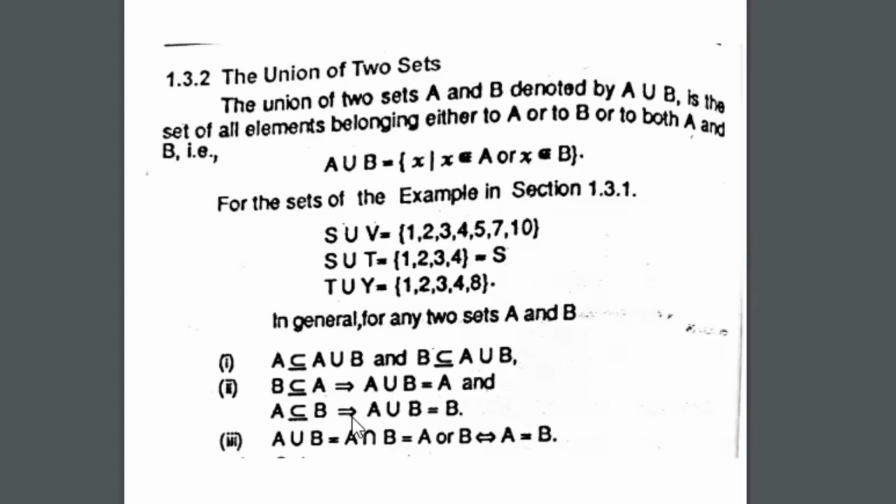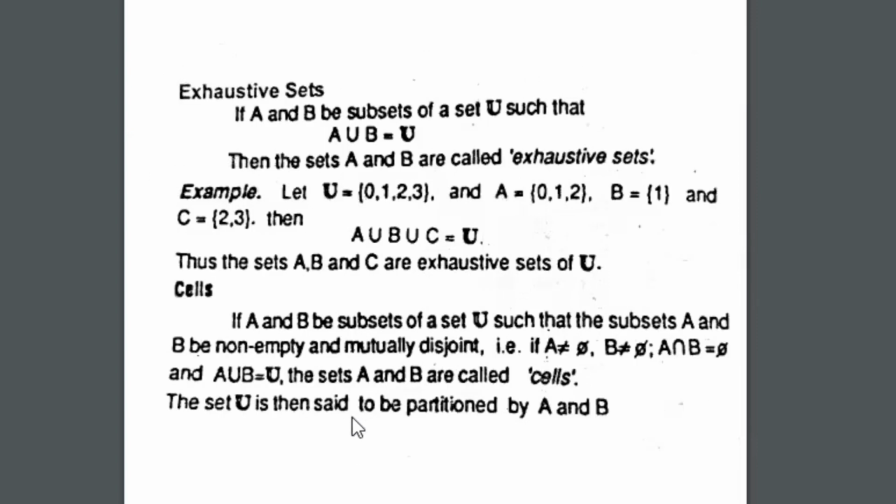It will be easy. So let's see another concept, exhaustive sets, which is related to the union set. If A and B are subsets of a set U such that A union B equals U, then the sets A and B are called exhaustive sets. Like we have a set U and two other sets A and B. We take the union of them, and you will see that A and B are subsets of the union set.